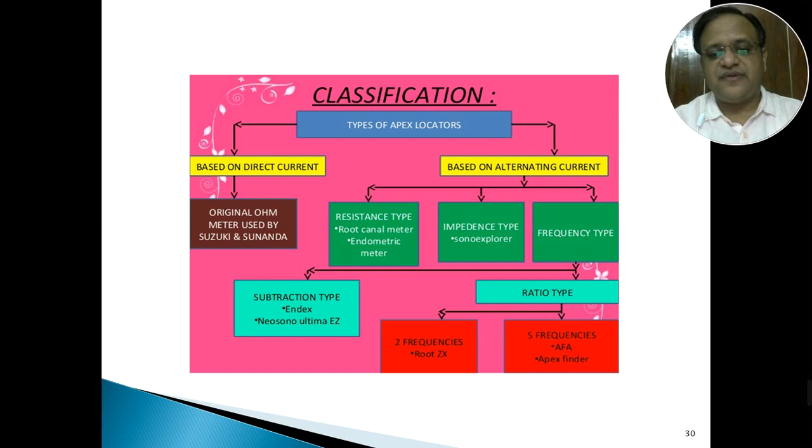So the only problem might be slight fluids, or the batteries not being charged, or the electrodes having some sort of corrosion. So if you recheck everything, make sure the electronic apex locator is right in place and all the batteries are fine, the instrument is neat and clean, you have used all the methods, and all the steps are correct, you will definitely get good results.